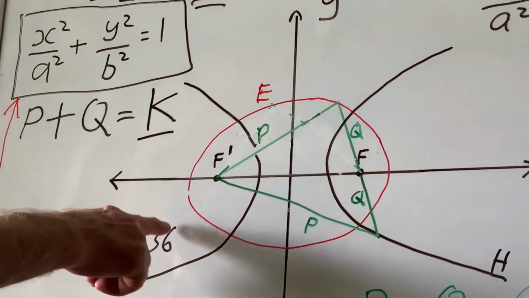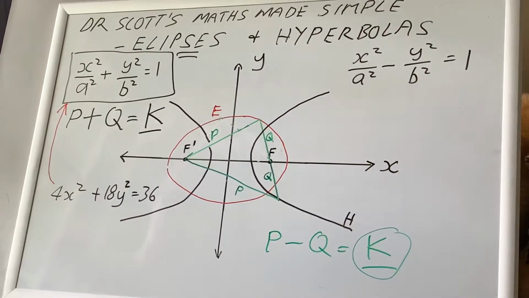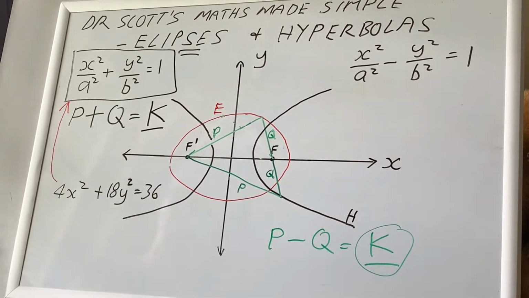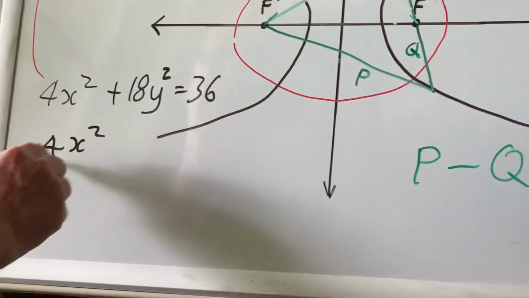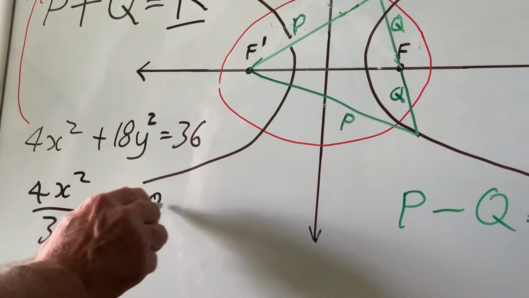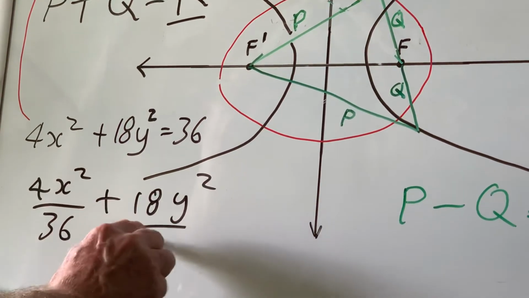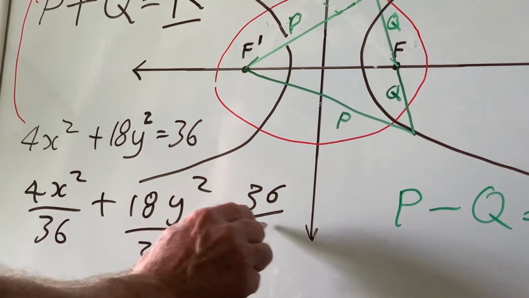First of all, the 36 needs to become a 1. We need a 1 on the right, so we divide everything by 36. So 4x squared on 36 plus 18y squared on 36 equals 36 over 36.